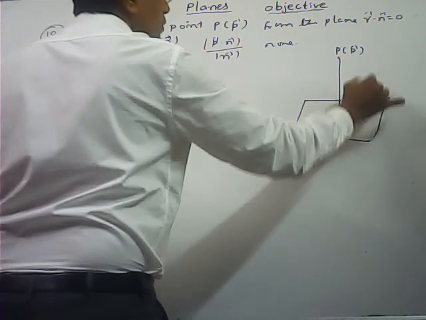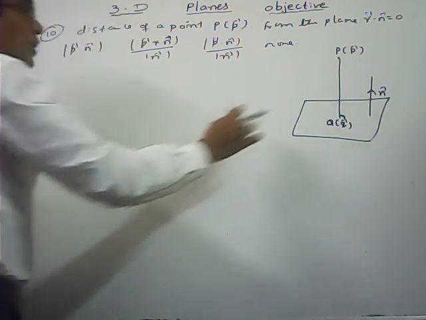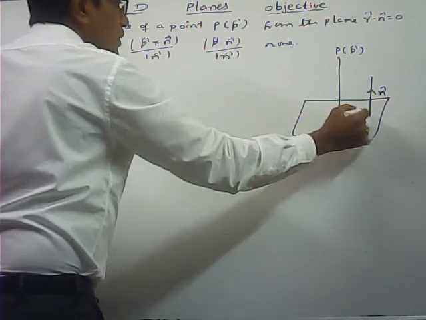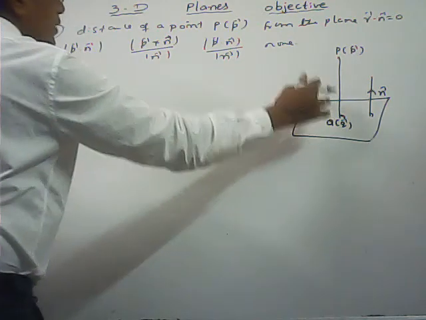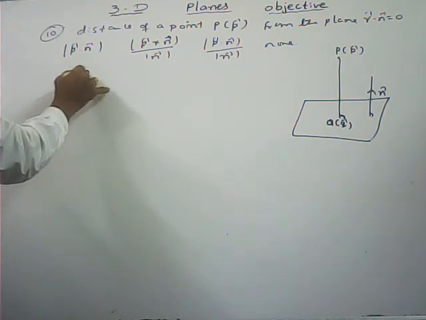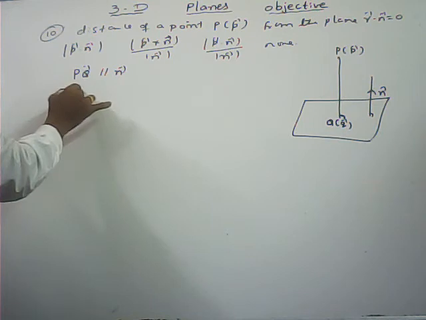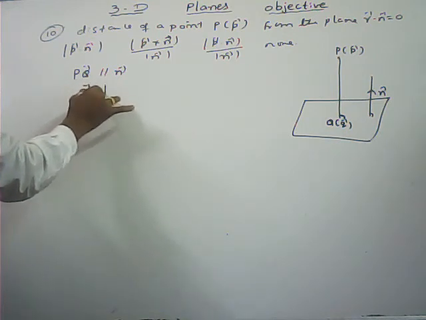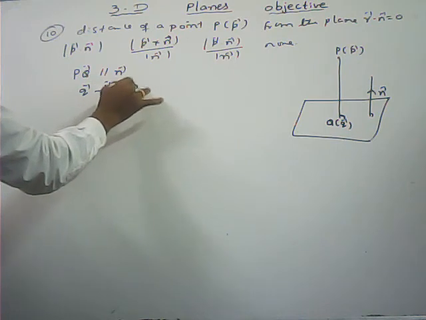And what is the normal vector? N bar. Now what about these two? These two are normal to the plane, so both are parallel only. What about this one? PQ bar is parallel to N bar. This is Q bar minus P bar is parallel to N bar.